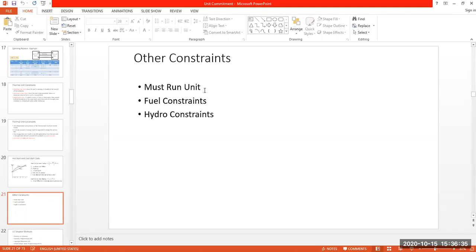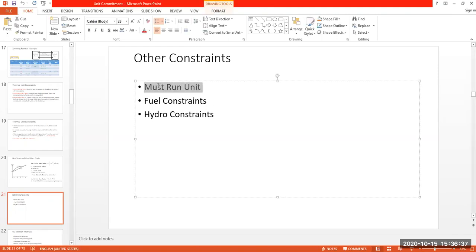So that unit becomes must run for that specific time, because you have a contract with that small industry that you will supply steam to them, which is not required by you. That additional steam you have to produce.